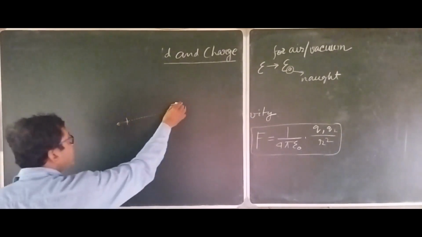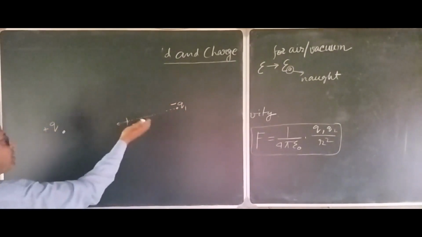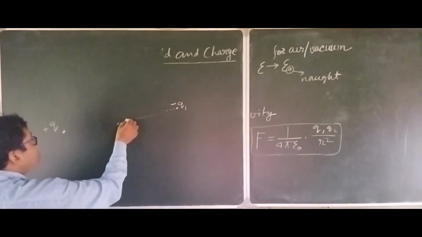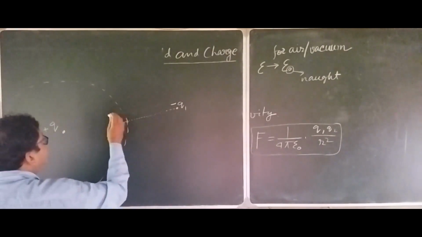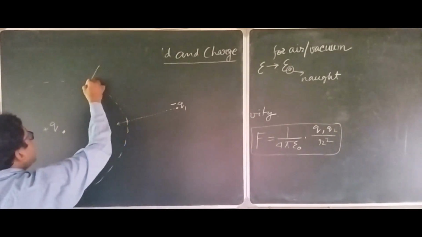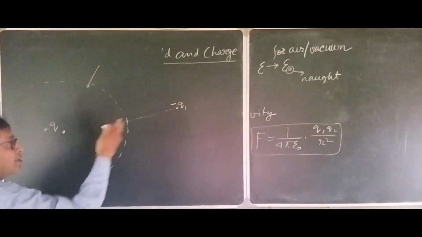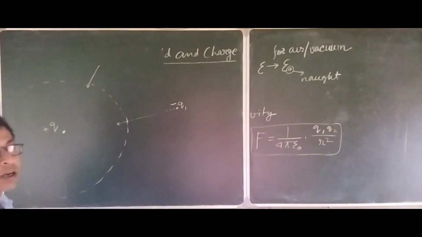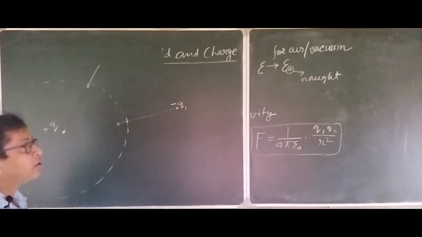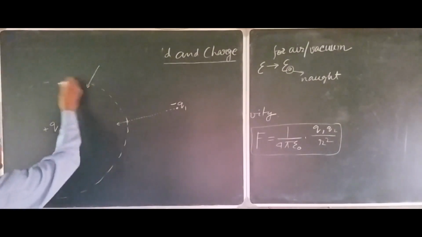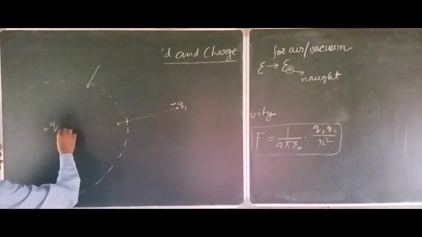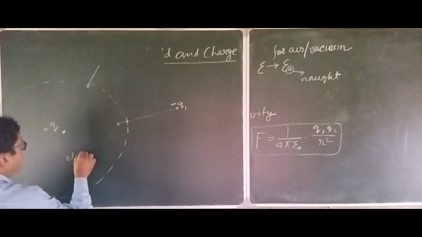If it is negative, it is positive, then it feels attracted. So this part around it, this space inside which that foreign charge first starts feeling the force of attraction or repulsion, that space around this charge is called electric field.